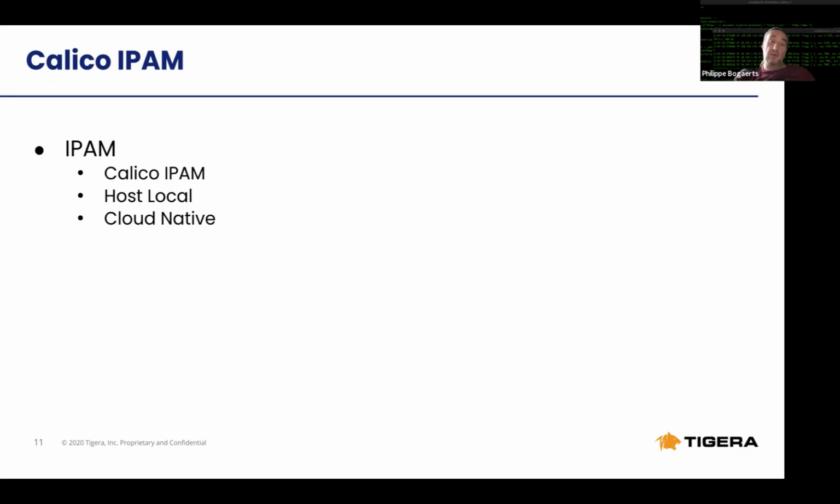If you install Calico open source, you're probably using Calico IPAM, but if you're using, for example, a managed cloud, it might be host-local or even a cloud native IPAM solution. We're going to focus on the Calico IPAM part here because it allows us, if you have this kind of solution, to easily troubleshoot that later on.